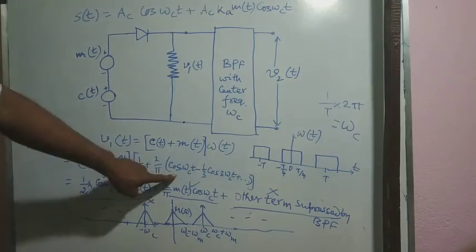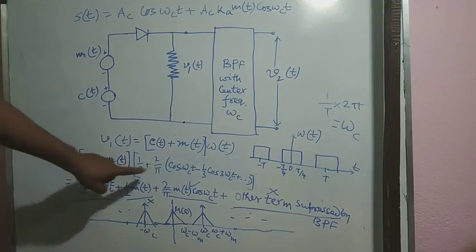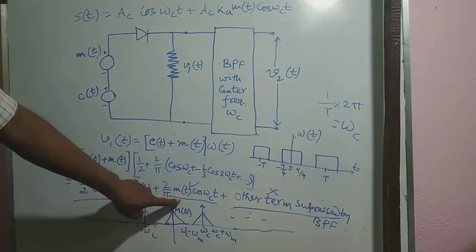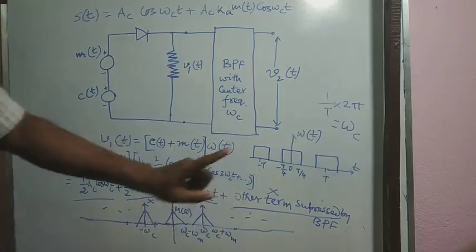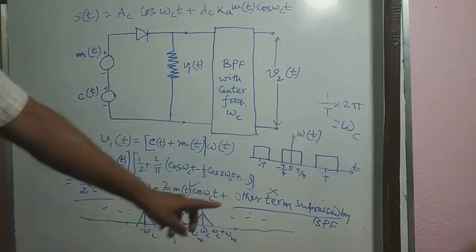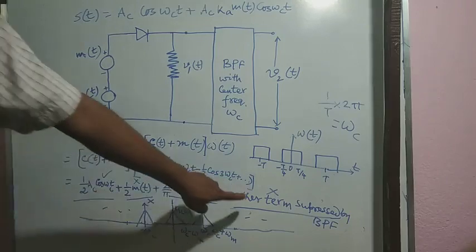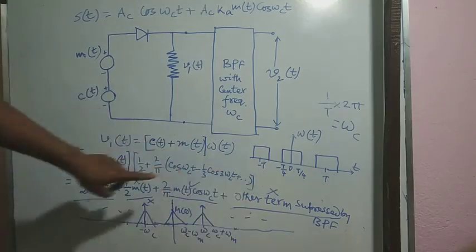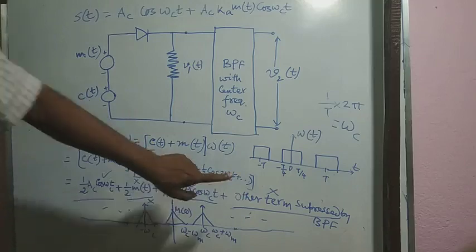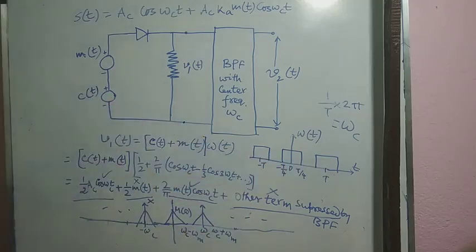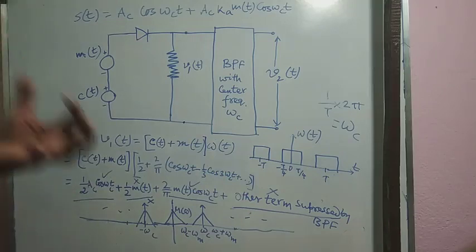That means cos square omega c t, and 2 by pi M(t) into cos omega c t, and several terms. It is M(t) into cos 3 omega c t, and so on, several components having frequencies higher than omega c.